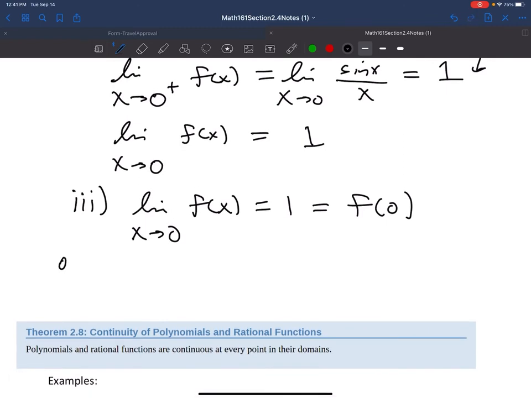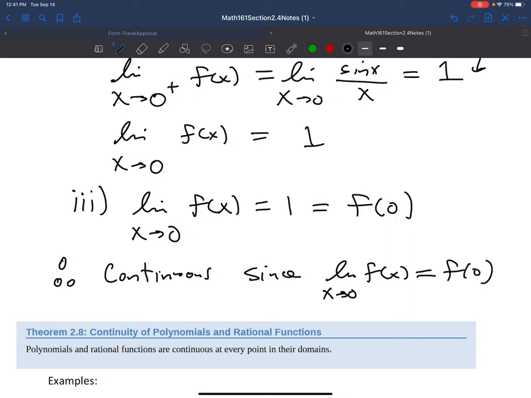So therefore, continuous, since the limit as x approaches 0 of f of x is the same as f of 0. Okay, check.